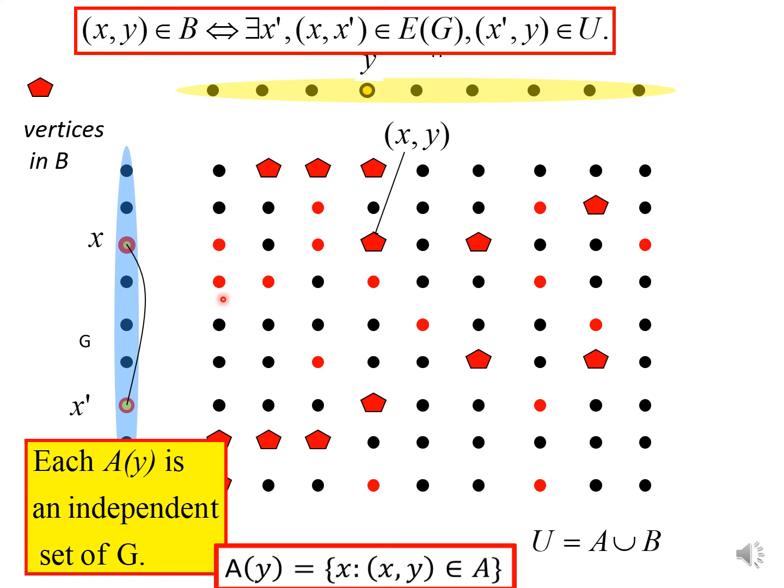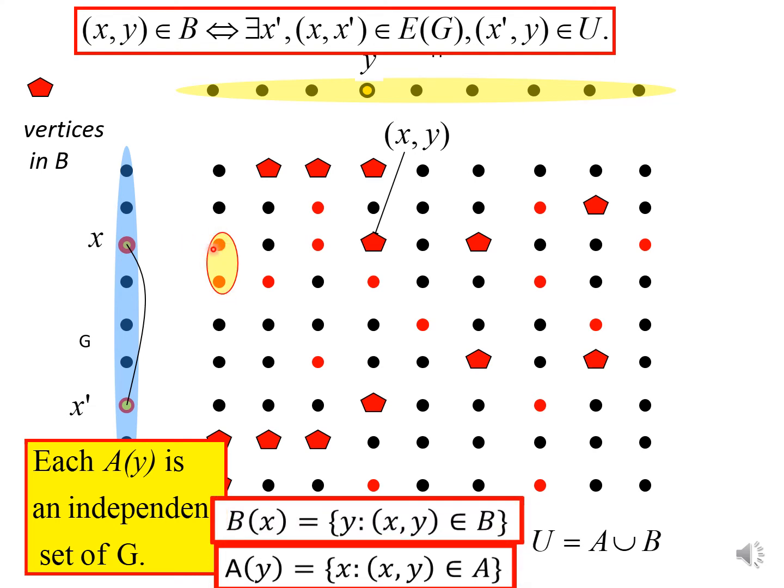Now each A_y is an independent set. Why is that? If there's an edge between these two vertices in G, by definition, I should have put both vertices into B, right? So by definition, this is an independent set.